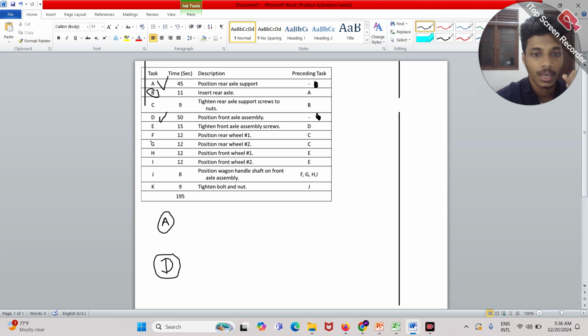Look at this. All other tasks already have a preceding task, but when we consider A and D, there is no preceding task. Therefore, I'll draw like this, right? B is one of the outputs of A, right?